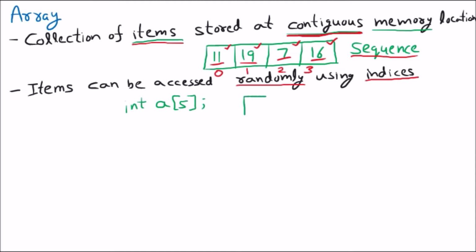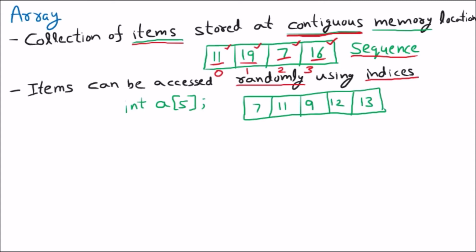Now here in the memory 5 blocks are reserved in the continuous memory sequence wise. So these are the 5 blocks which are reserved, and in those blocks we can store anything, we can take from the user or we can put ourselves. Let us suppose that 7, 11, 9, 12, 13, any values of integer type.